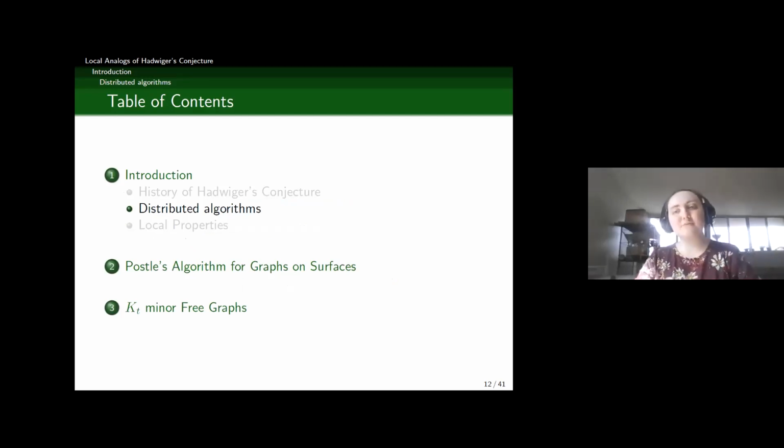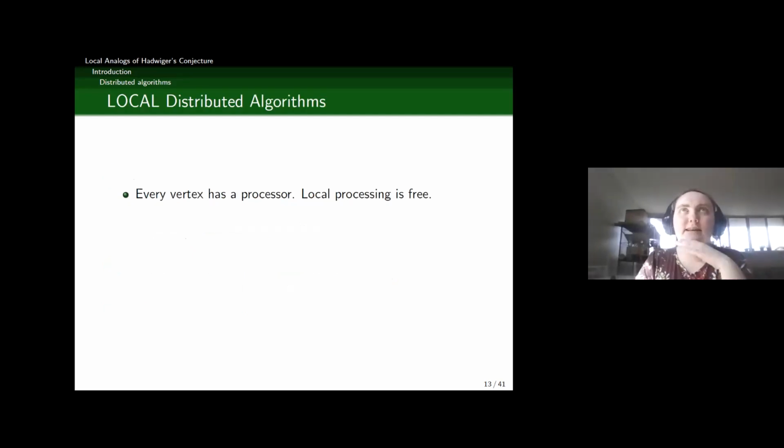Okay, so now let's switch gears and talk about distributed algorithms. In a classical graph algorithm, you have a giant computer, you feed it the entire picture of the graph, and it spits out your coloring or whatever it is you want.